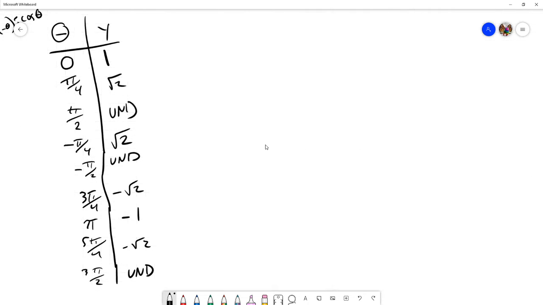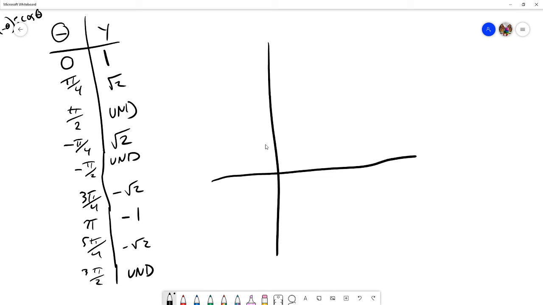We got this nice handy table of values, so let's go ahead and start graphing. So, our asymptotes, we got one here at pi over 2, and then here's another one at negative pi over 2. And we have a third one here at 3 pi over 2.